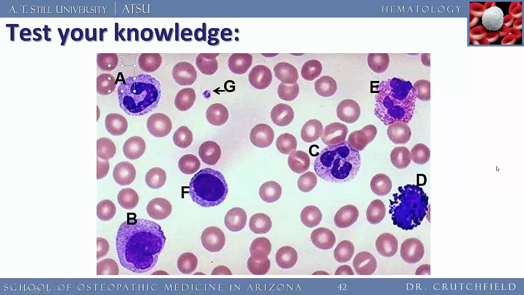Here we can test our knowledge, and I'll tell you that on the presentation for this, the answers are found in the notes section. So this is a platelet. This guy here is a stab or a band. This is a polymorphonuclear leukocyte.